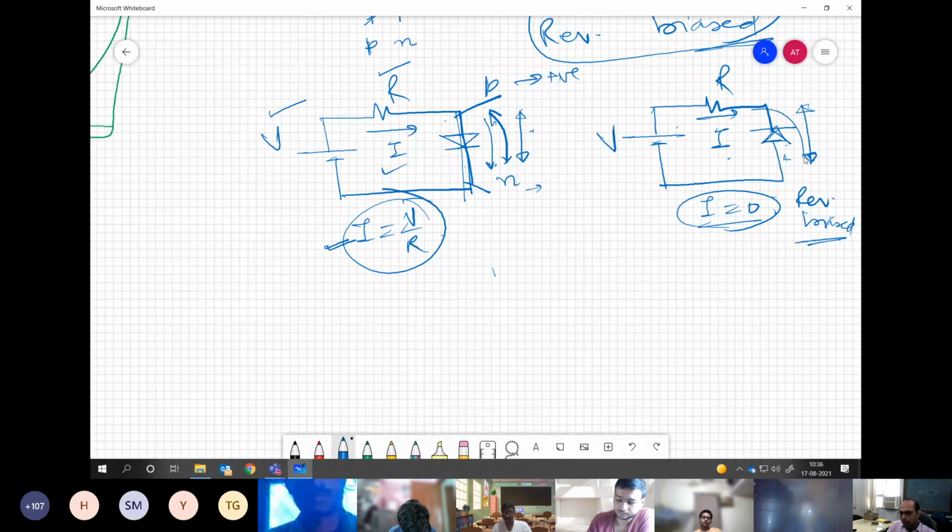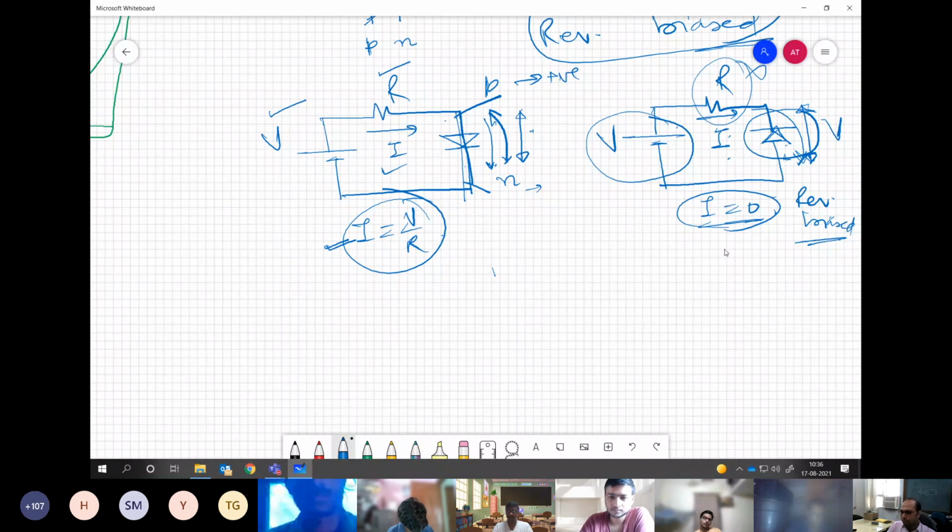It is not allowing current to flow through it, so I is actually 0. All of this voltage V will appear across the diode. There is no drop across the resistor.